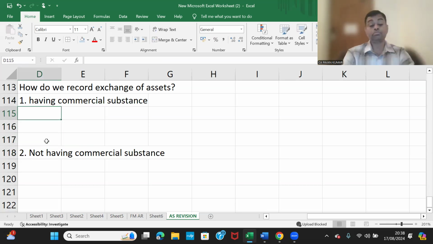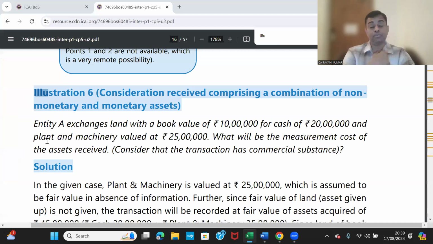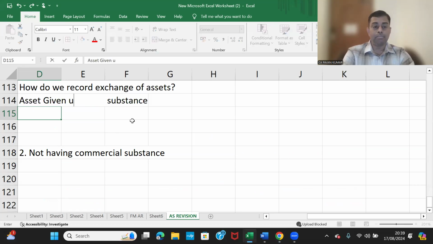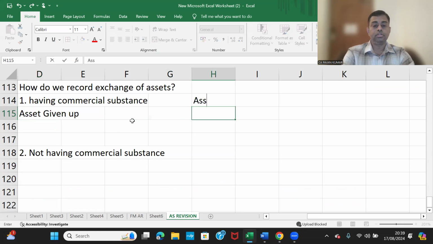Say for example, for having commercial substance, first one, this question number 6, and then there is another question. First, let us start with this. Entity A exchanges a land with a book value of 10 lakhs. So here there are two assets: asset given up and asset acquired.